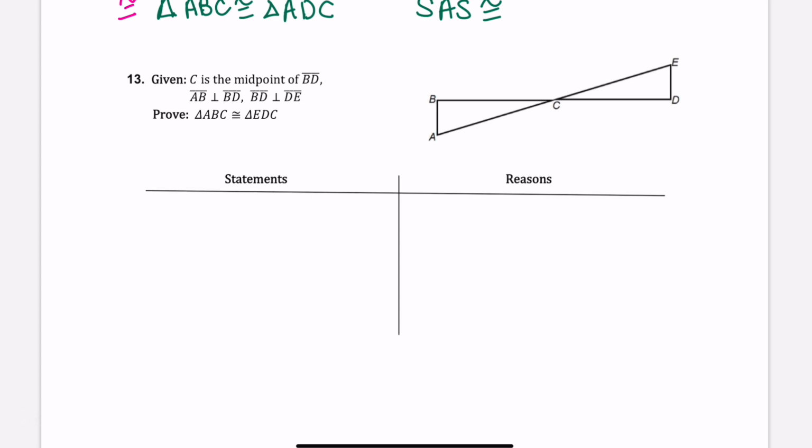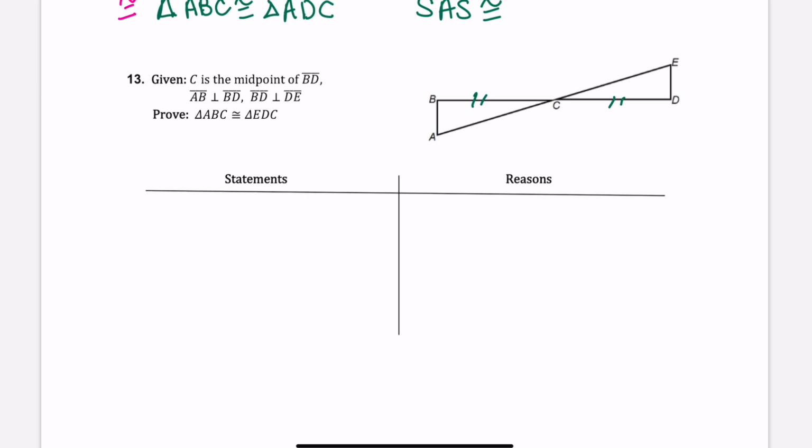Okay, so let's go ahead and talk about why these two triangles on number 13 are the same. C is the midpoint of BD. So here is C, here's BD. If C is the midpoint, the definition of midpoint means it's right in the middle. And so each of these pieces are going to be the same.